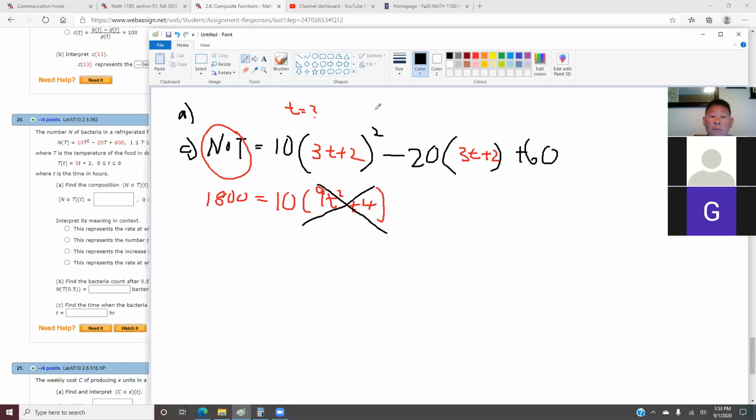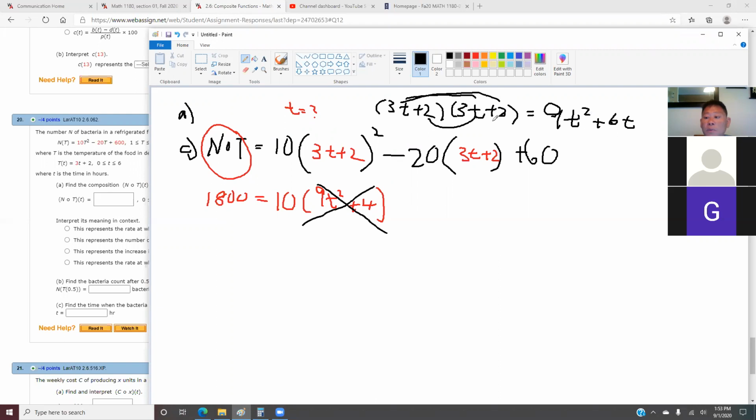You have to FOIL it out. So what is the FOIL of 3t plus 2 squared, which is 3t plus 2 times 3t plus 2, right? You guys know how to FOIL this one, right? So what do you get when you FOIL this? 3t times 3t is 9t squared. And then 3t times 2 is 6t.